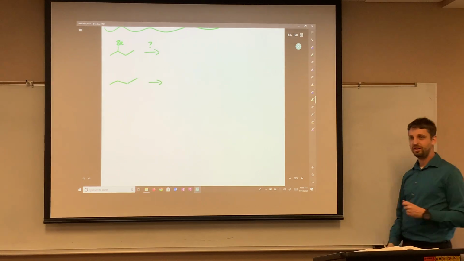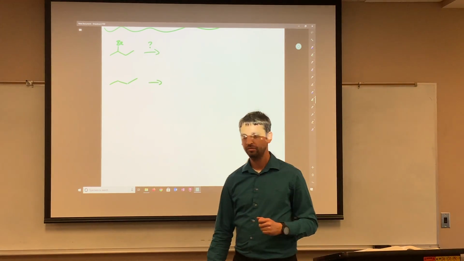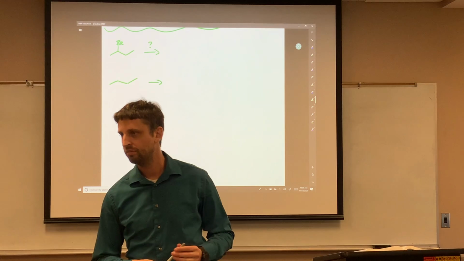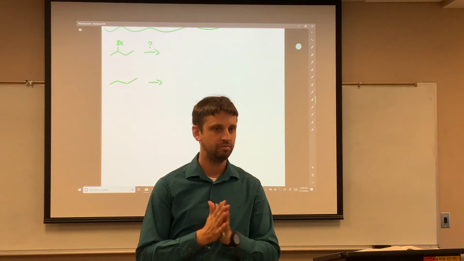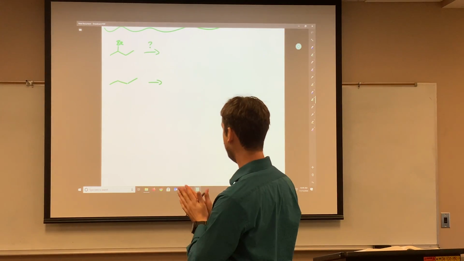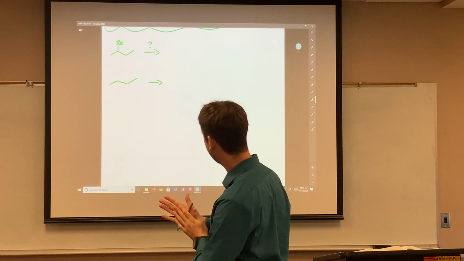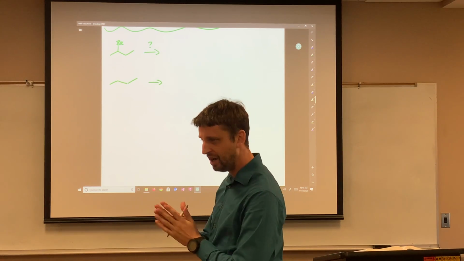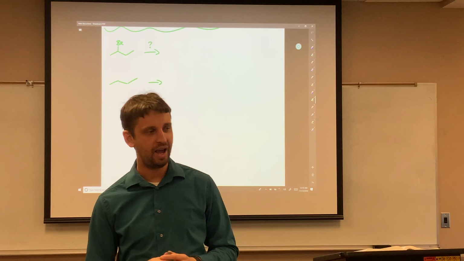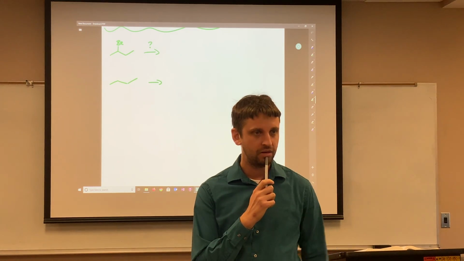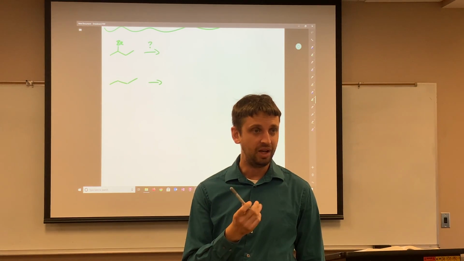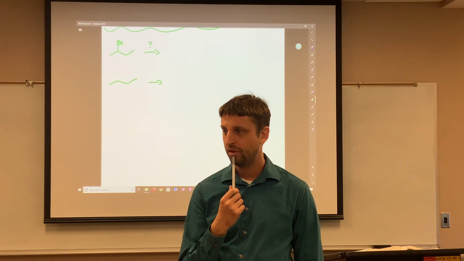Okay, what reactions can you guys do? Addition. Addition? Well, it's already a saturated alkane, right? Can't add anything. Well, there's nothing to eliminate, right? There's no leaving groups.